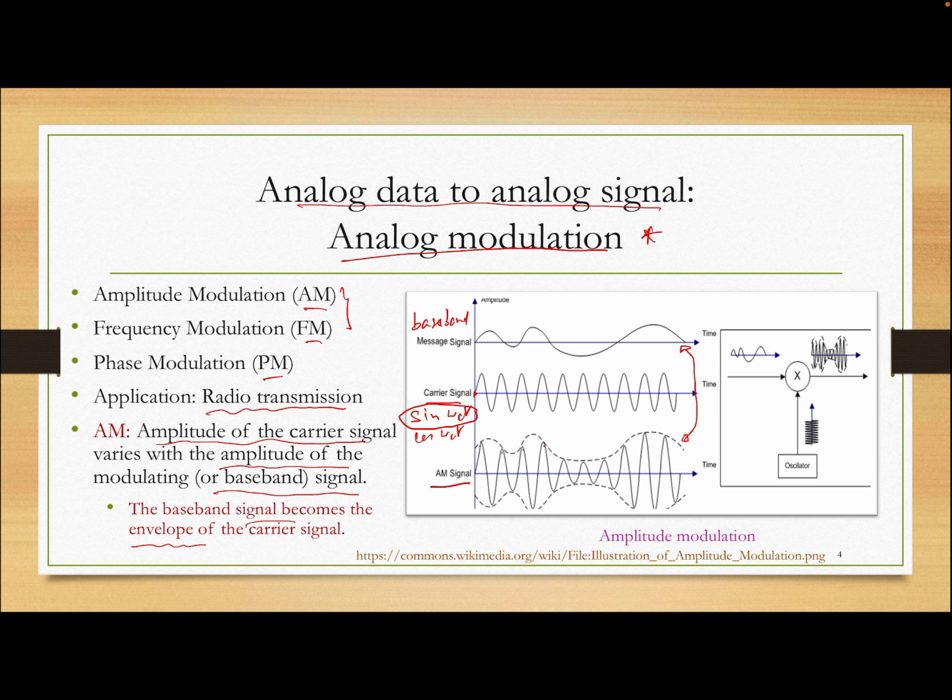Now let me show you how to sketch it. If you have to sketch the AM signal, suppose you have the baseband signal look like this. What you do is move everything up to be above zero. This is baseband. You move everything up to be above 0, so I move it here.